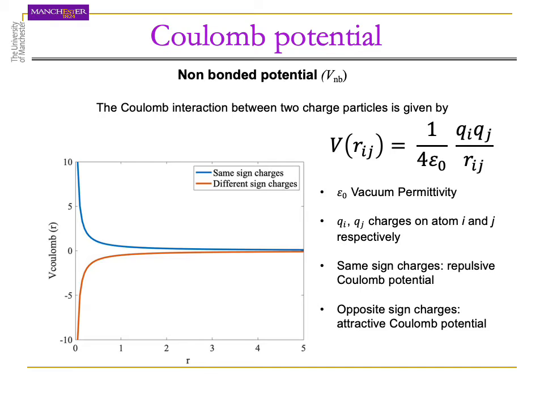The other potential included in the non-bonded part of the interactions is the Coulomb potential. The Coulomb potential, as you may recall, describes the interaction between two charges. And in this case, it describes the interaction between partial charges located on each atom.